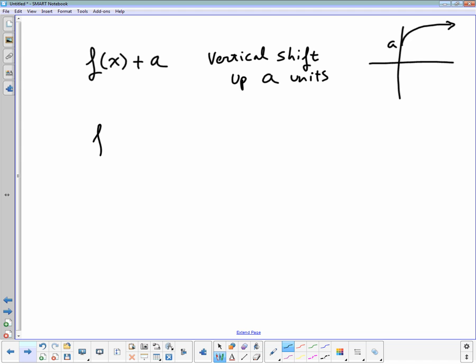Now, when I add the constant inside the function itself, so f of x plus a, every time I saw an x in the original function, I replace that with x plus a, whatever a is.